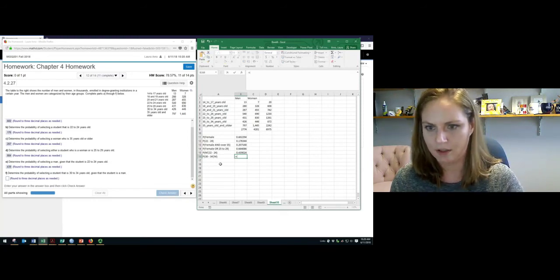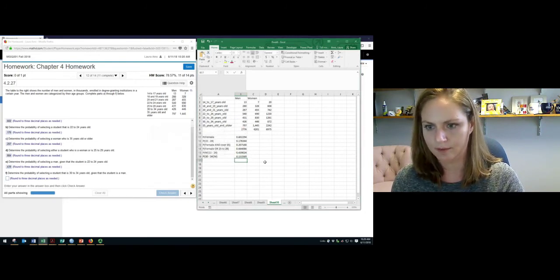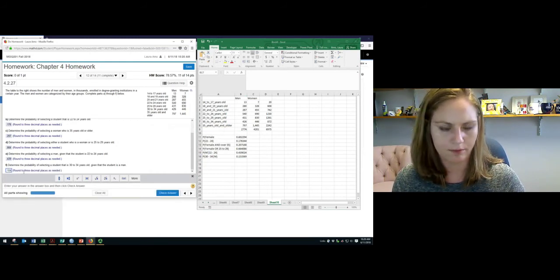So given that they are male, this column, what's the probability of them being 30 to 34 years old? That's 0.54.